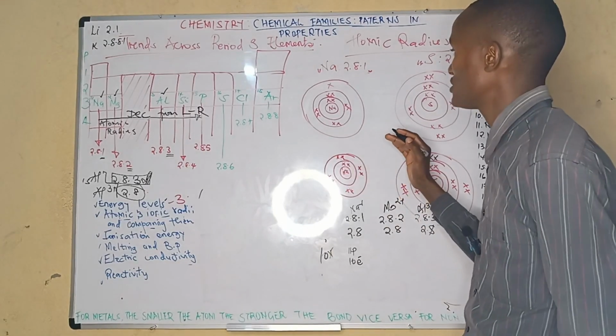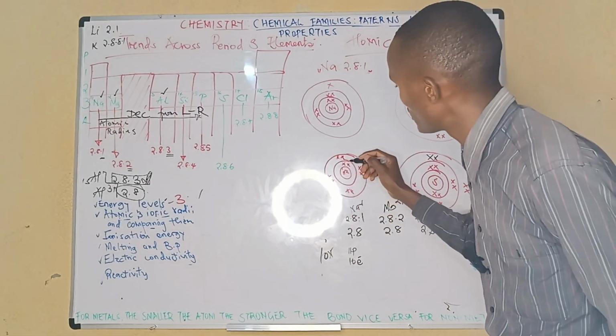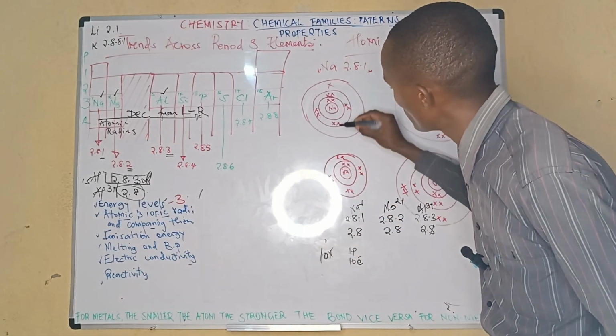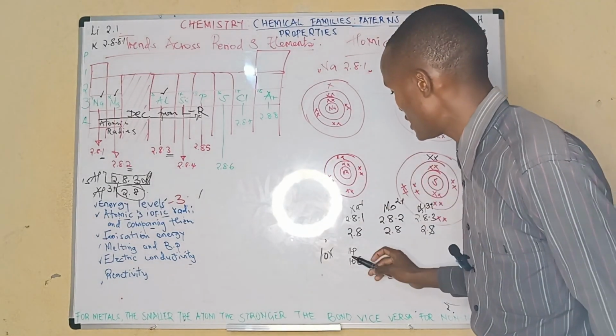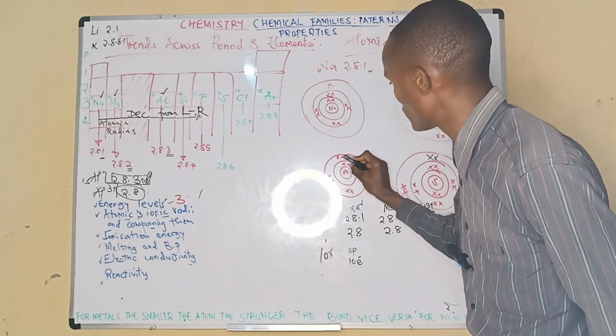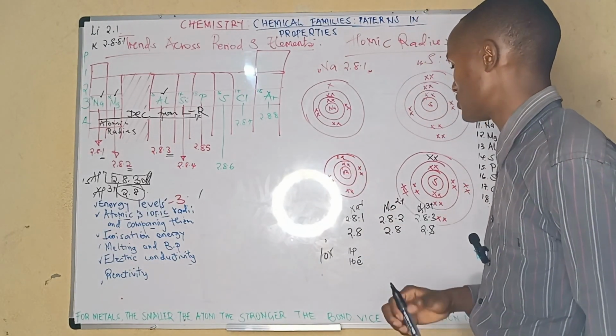We are comparing positive charges and negative charges. 11 protons, the number of protons does not change since it is the atomic number, and 10 electrons. 1, 2, 3, 4, 5, 6, 7, 8, 9, 10 electrons.